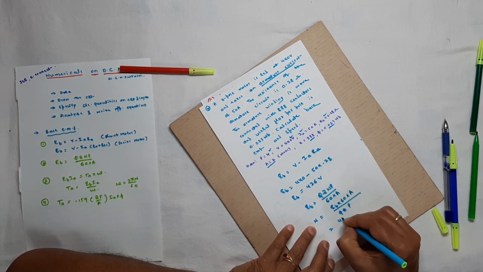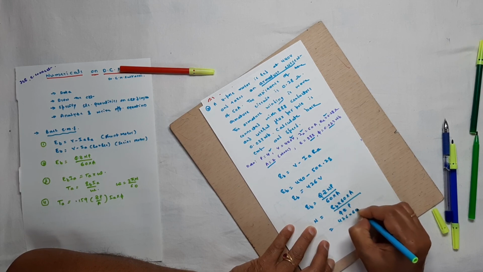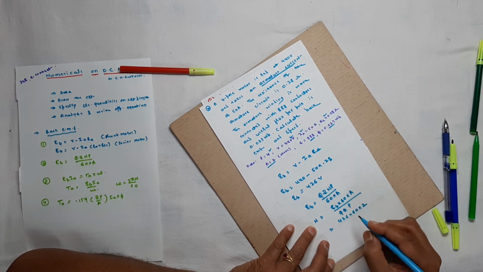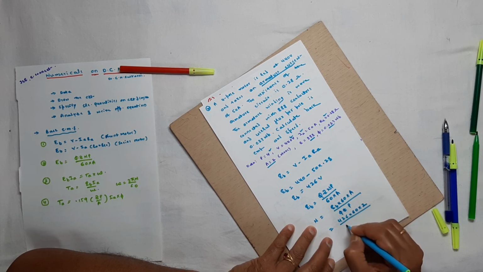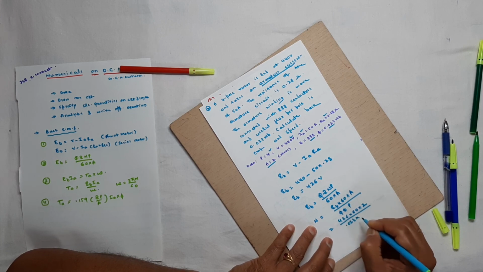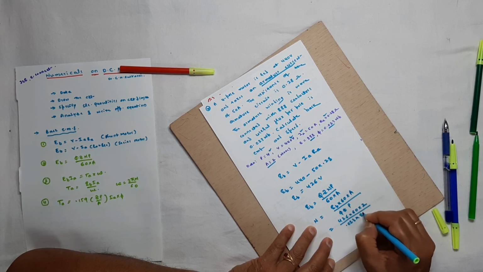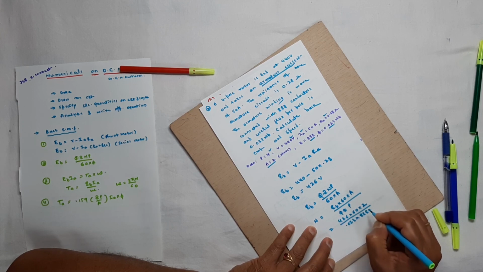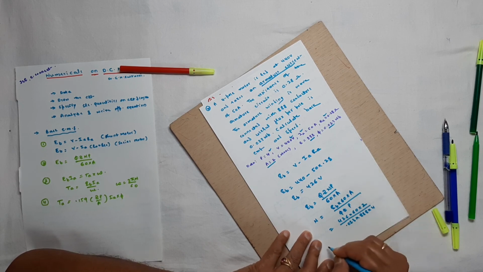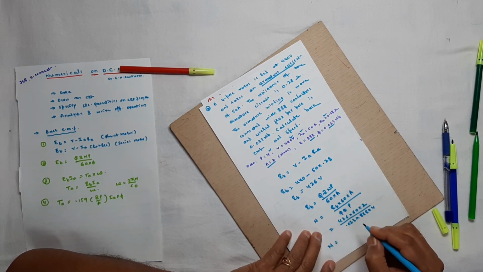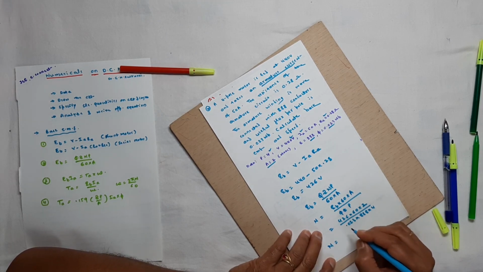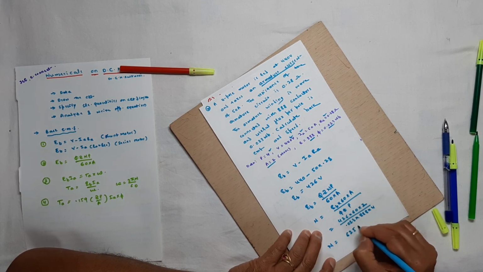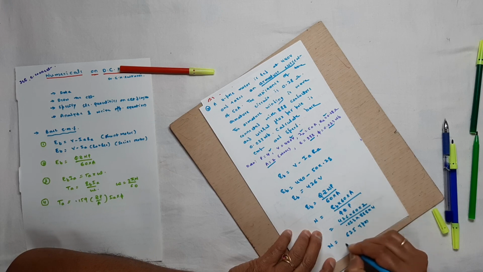EB is 426, 60, the number of parallel paths is 2, phi is 0.023, Z is 888, and the number of poles is 4. Then if you substitute and calculate, the speed what we are getting is 625 RPM. This is how you have to solve the numericals.